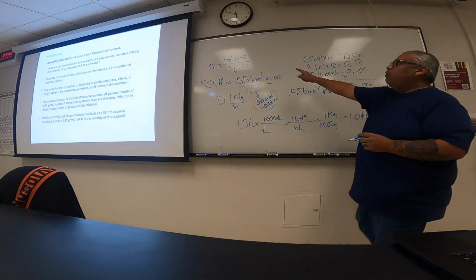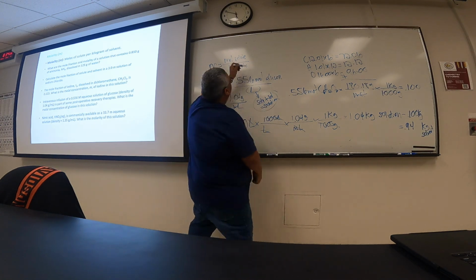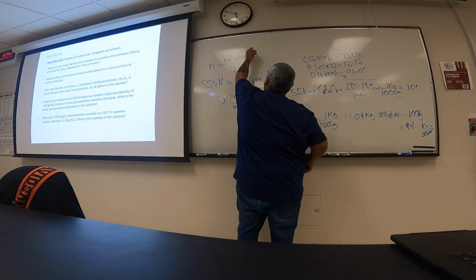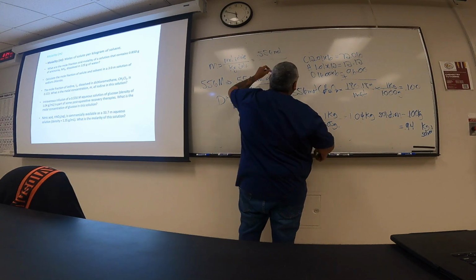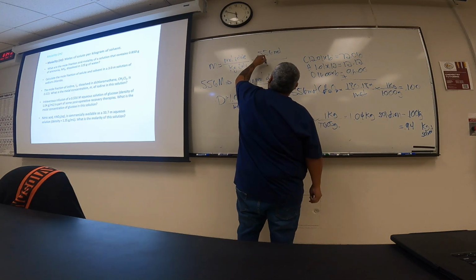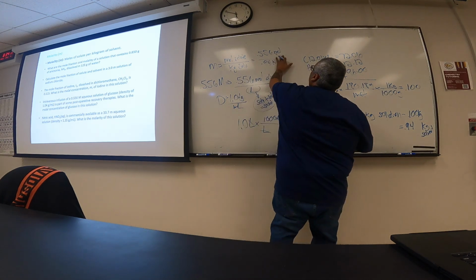Since we converted those liters and we've separated out the solvent here, in order to calculate this, we're going to go 0.556 moles of glucose over 0.94 kilograms of the solvent.